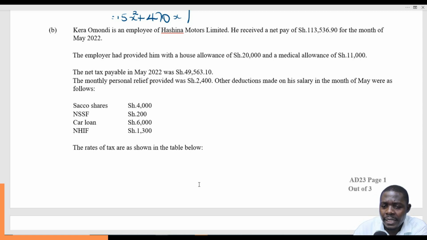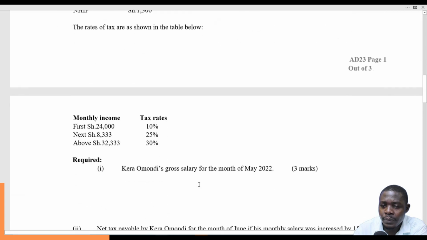You are required. The rates of tax are shown in the table below. The first 24,000 pays a tax rate of 10%. The next 8,333 pays 25%, and the amount above 32,333 pays a tax of 30%.